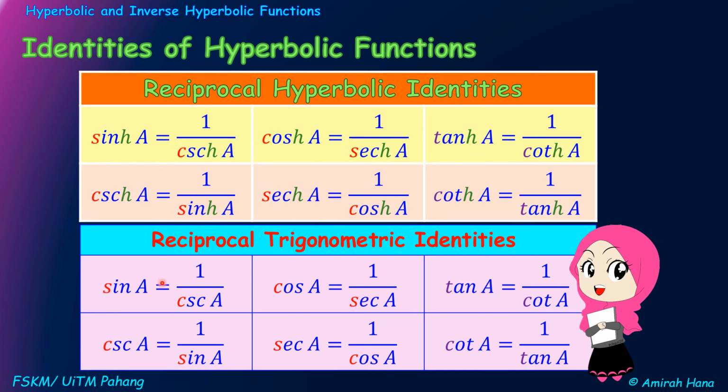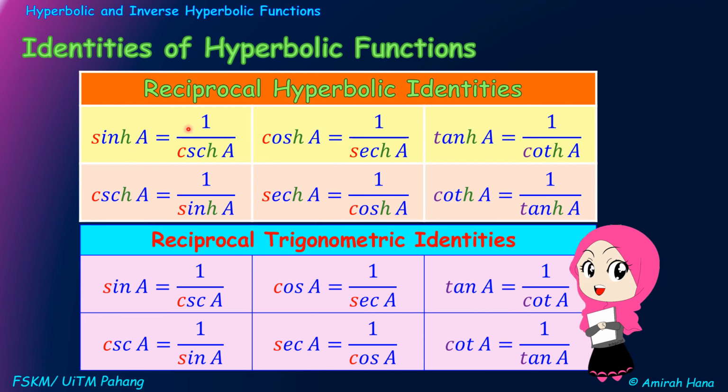When we compare to reciprocal trigo identities, it looks similar. But for reciprocal hyperbolic identities, we must put h, right?